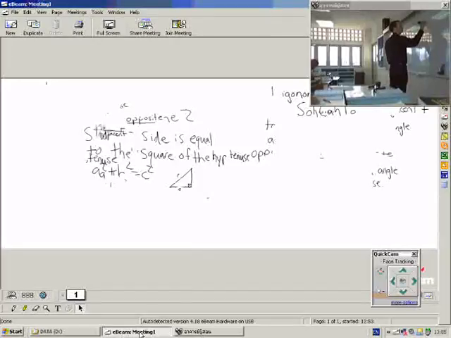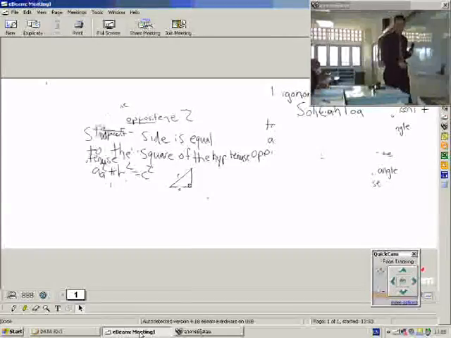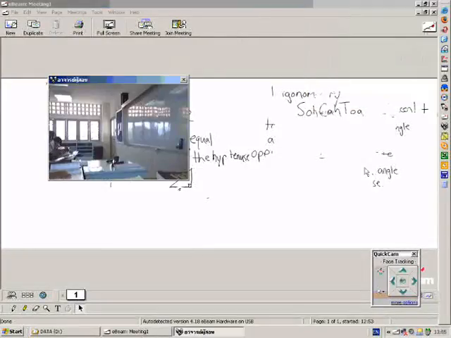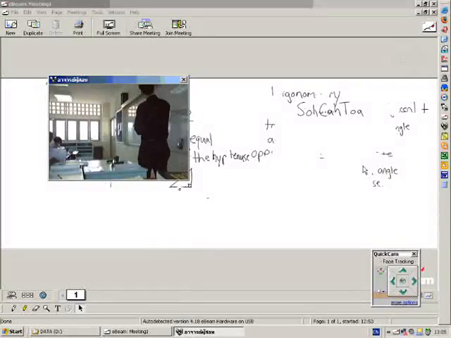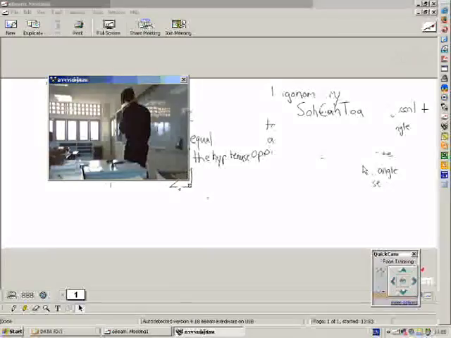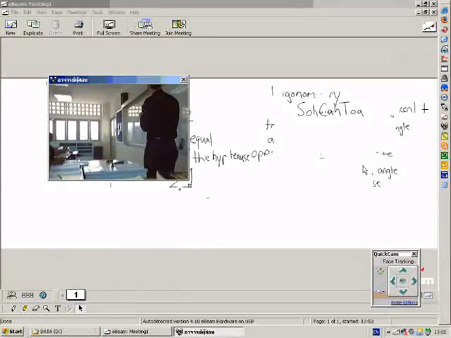In trigonometry, you have a mnemonic device called SOHCAHTOA. SOHCAHTOA stands for sine: opposite over hypotenuse, cosine: adjacent over hypotenuse, and tangent: opposite over adjacent.